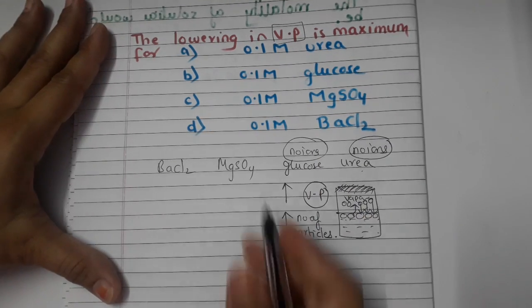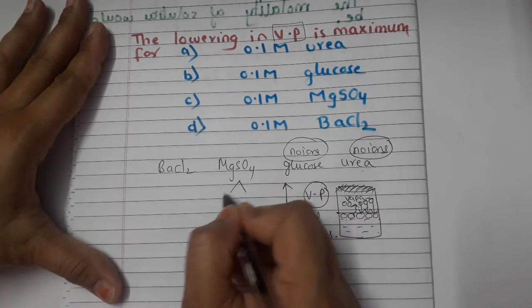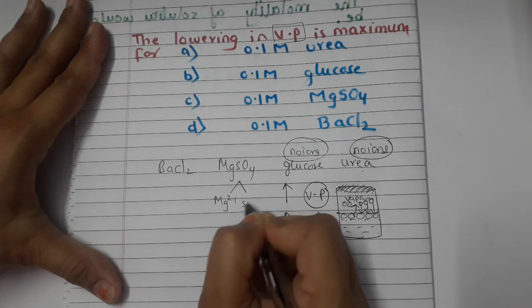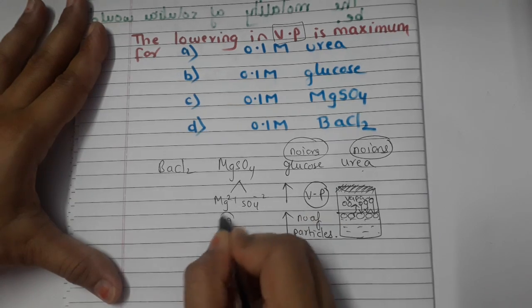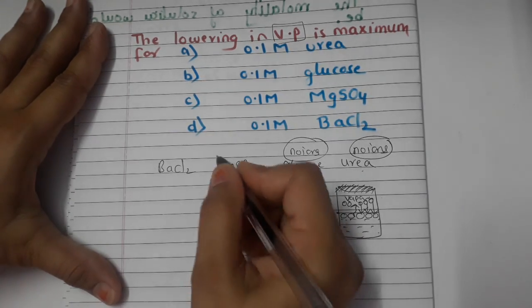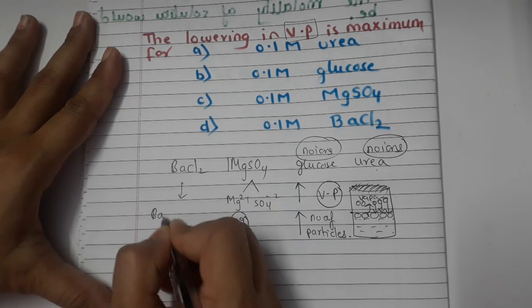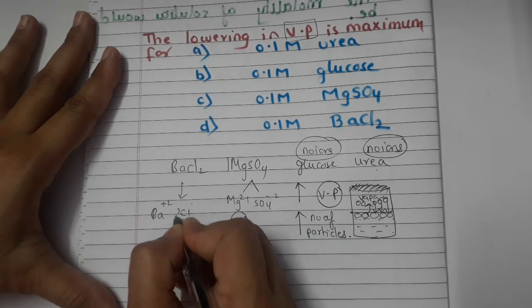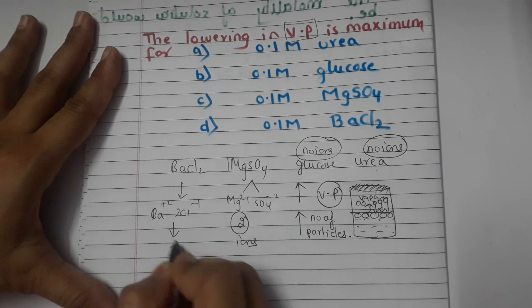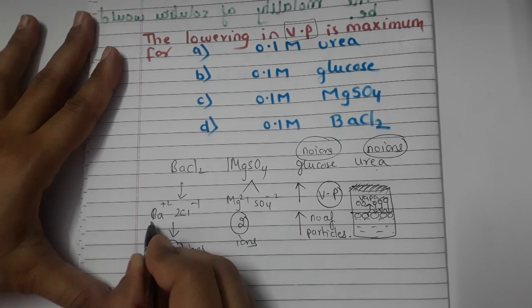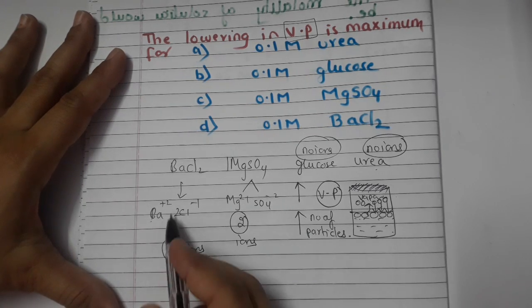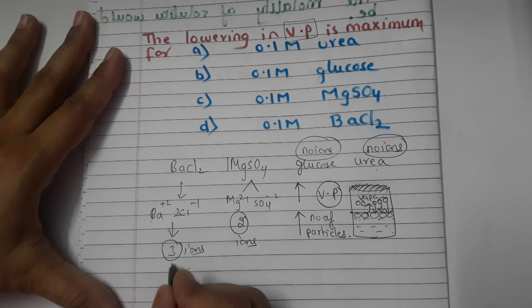But in case of magnesium sulfate, there are 2 ions per molecule. Whereas barium chloride has 3 particles. Just see, Ba2+ and 2 Cl minus. So there are 3 ions.